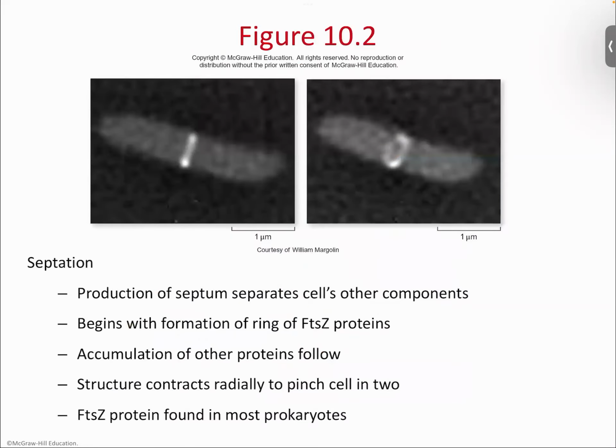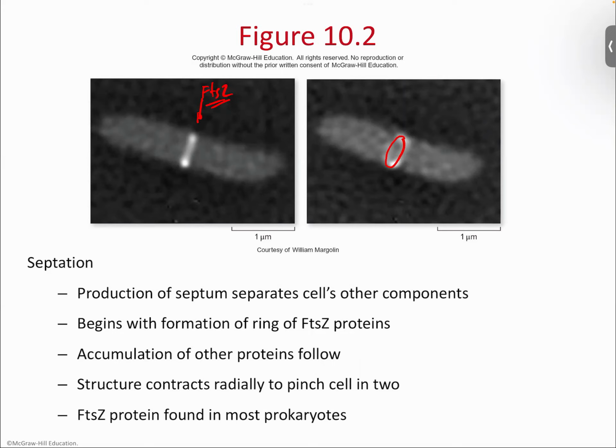And this is an actual image of the septum. It looks like an FtsZ wall, but when they turn it slightly angular, you can see that it's actually a ring.